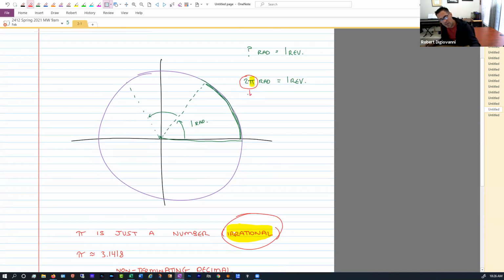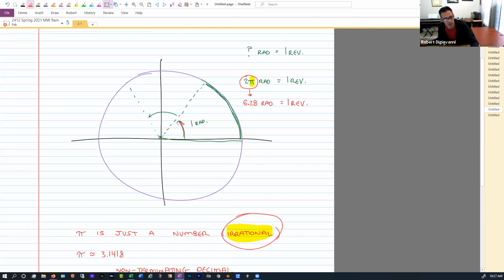So we're really saying here that there's about 6.28 radians in 1 revolution. And that kind of sucks for us, because 360 degrees in 1 revolution is a nice whole number, right? 360. But radian wise, there's about 6, almost 7 of these in here.